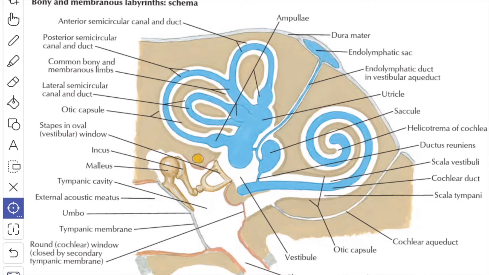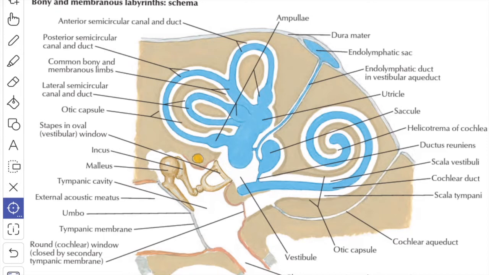Now we'll see about the cochlear duct or scala media. The duct lies along the outer wall of the bony cochlear canal and undergoes a spiral course of 2 3/4 turns. It begins blindly at the cupula, and the blind end is known as the lagena.